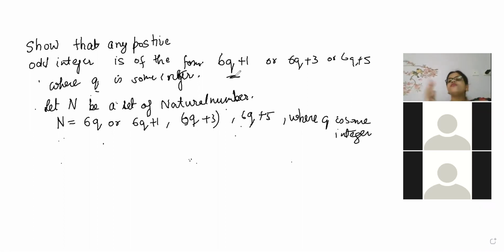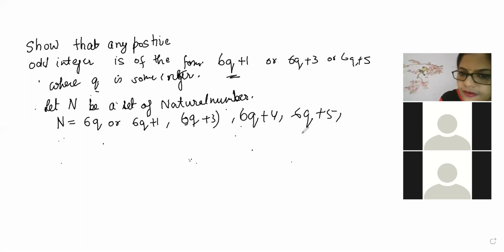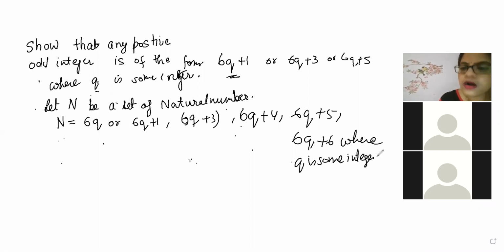So the set of natural numbers, the moment you add. Now look here. First, I will teach you the content and then we will solve. I will add one more number extra for your understanding, where q is some integer.